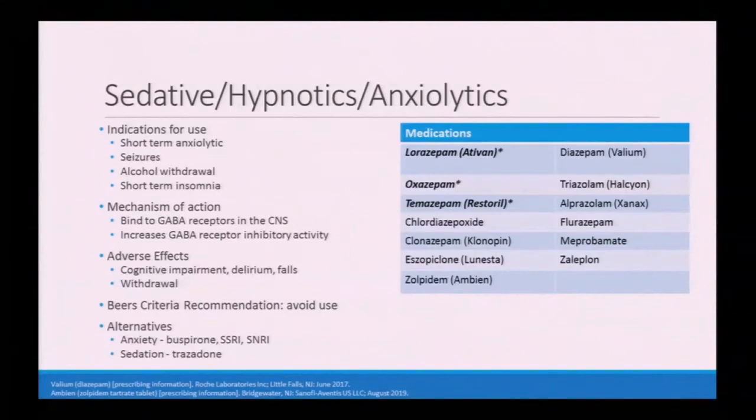Some long-term alternatives for these medications: for anxiety, you can use buspirone, as well as SSRIs and SNRIs, and for sedation, trazodone would be more preferred than starting these medications.